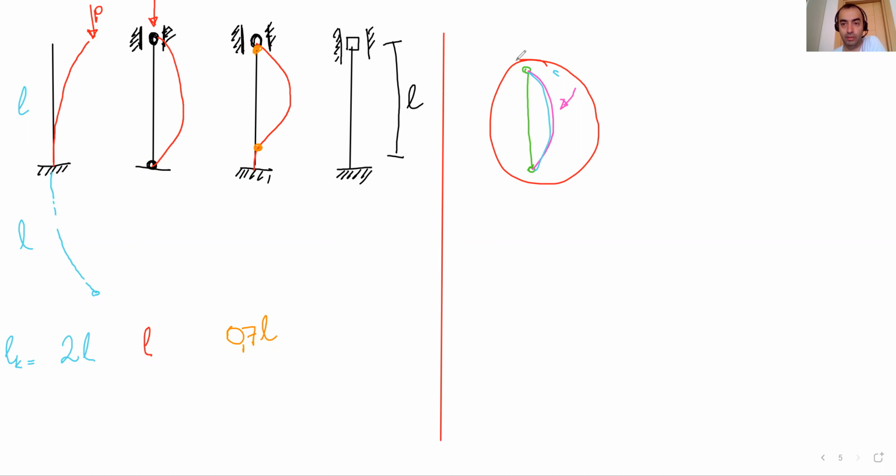So what we will have, okay, we will have this shape.